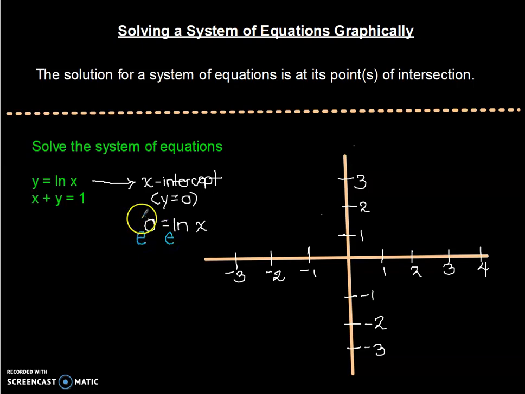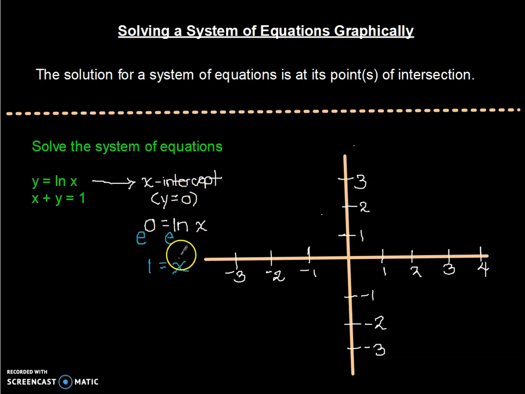Remember, when you have a base, everything else now becomes an exponent. So e to the 0 power, and mind you, e is a constant. If you plug it into the calculator, anything to the 0 power equals 1. And natural log and natural base get rid of each other, leaving you with x.